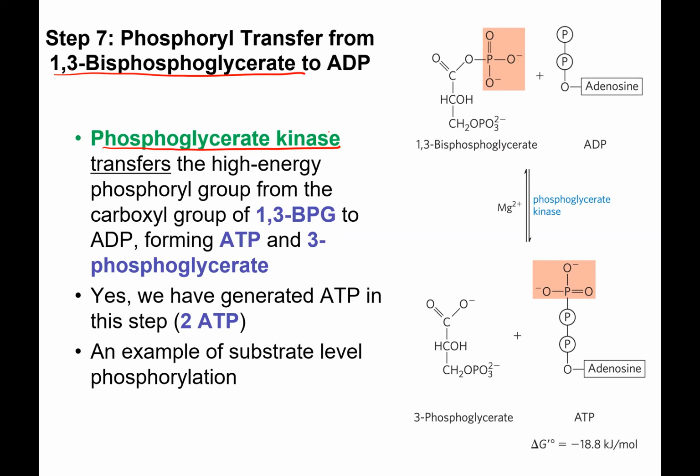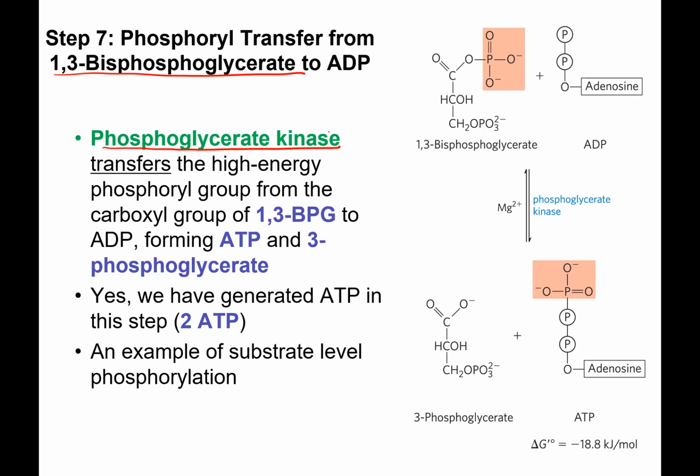So we already saw hexokinase, phosphorylating glucose, and we saw PFK1, phosphorylating fructose 6-phosphate to make fructose 1,6-bisphosphate. Both of those were kinases, but we were actually adding the phosphate to the hydrocarbon oxygen molecule. This time it's a kinase, but it's not as we normally think of it.